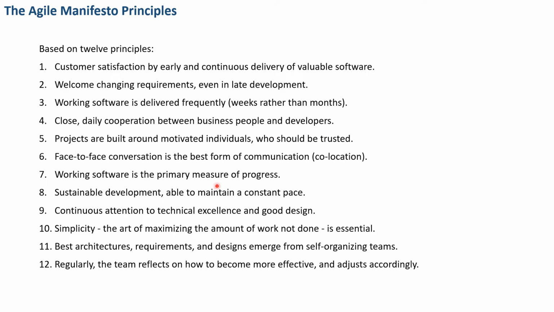Okay, I won't go through the Agile Manifesto principles, but you can see there's 12 principles. The Agile Manifesto itself isn't particularly large. It's quite specific around your mindset, your approach to delivering solutions.